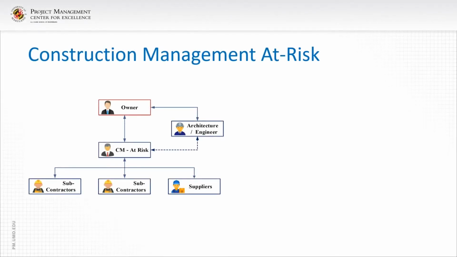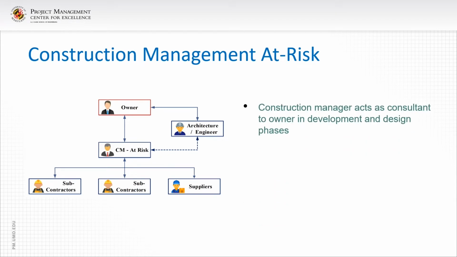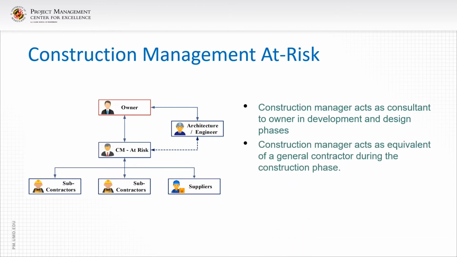Next, let's get into construction management at risk. The construction manager acts as a consultant to the owner in the development and the design phases, and this is a big plus. The construction manager also acts equivalent to the general contractor during the construction phase.